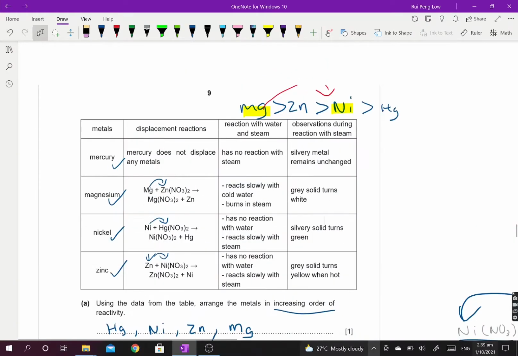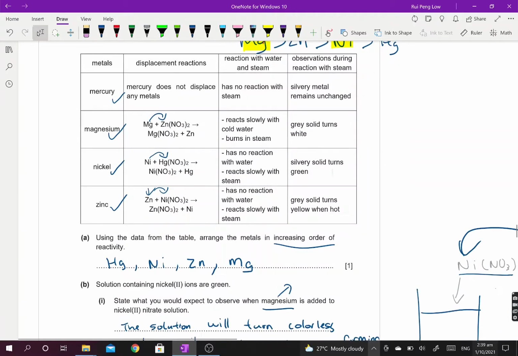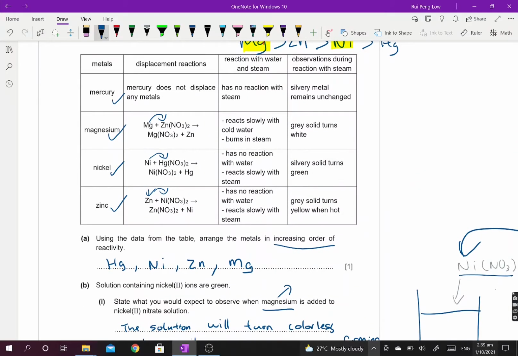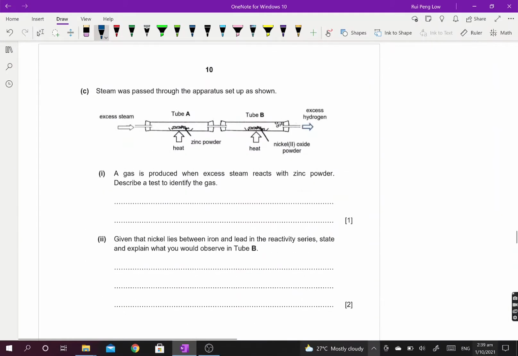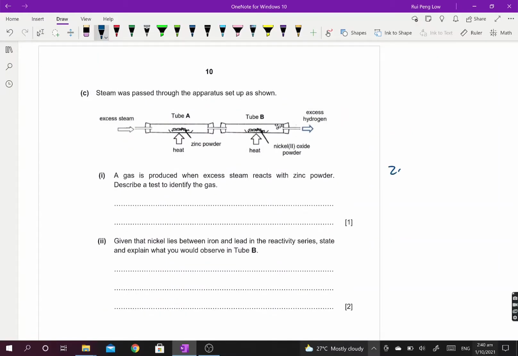So zinc reacts with steam: zinc plus H2O gives zinc oxide plus hydrogen gas. So H2 gas is produced. So how do you test for hydrogen gas?